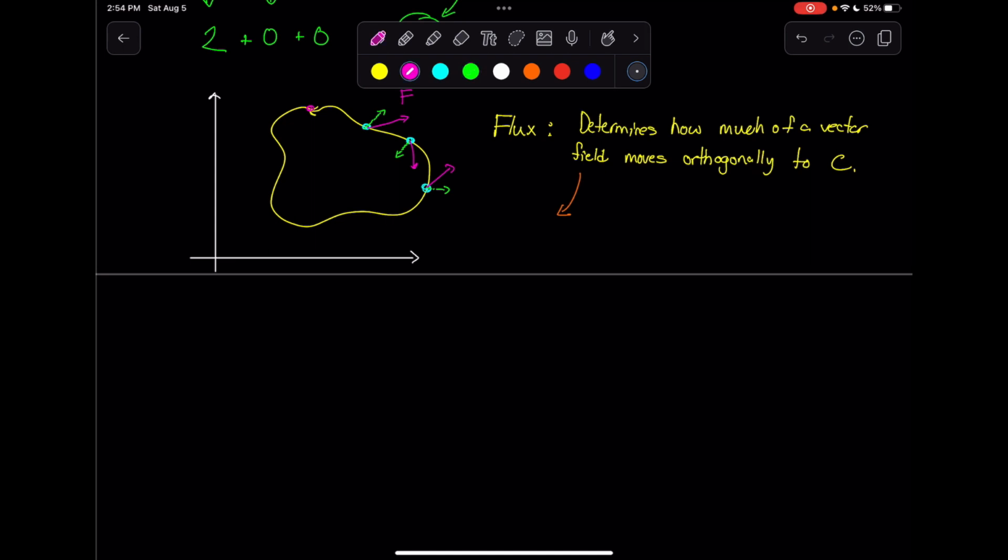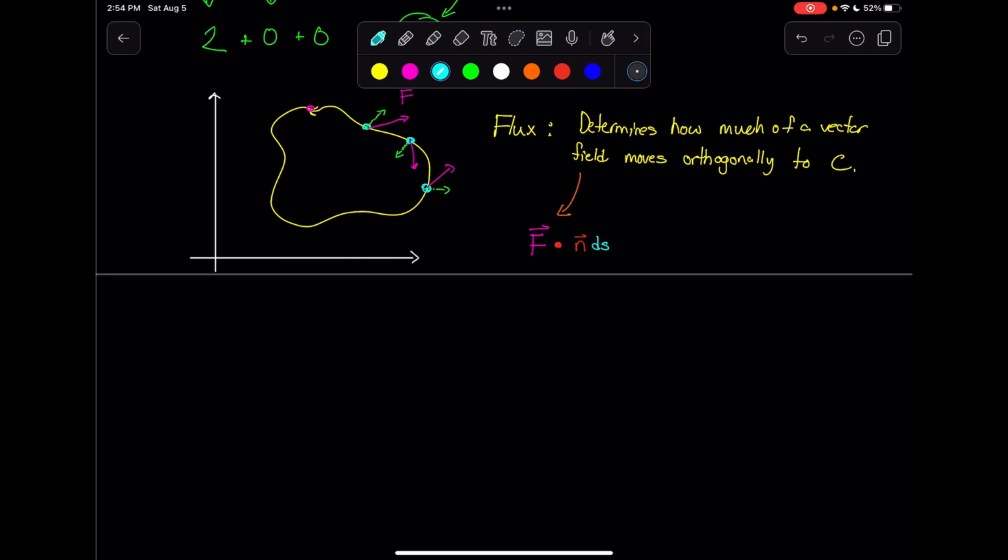The way we can represent that is we want the amount of the vector field F going in the direction of the unit normal vector little n, which we learned in Calc 3, on this curve, which is given by ds.